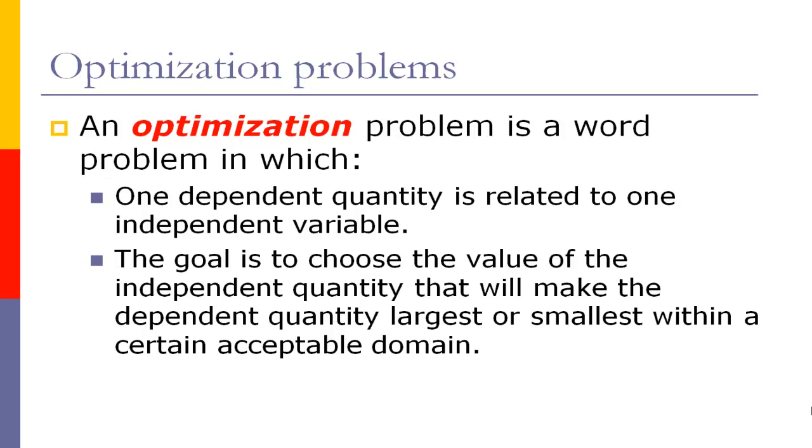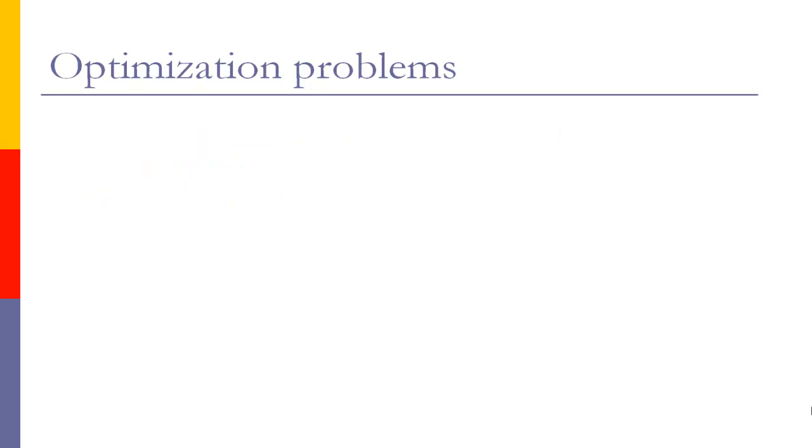So what we want to do is we want to find the value of the independent variable that makes the dependent variable as large or as small as possible. If that sounds familiar, that's because what we're asking for is looking for the maximum or the minimum of a function. So you can already see that first derivative analysis and identification of maxes and mins will be very, very important, and all the things that come with it.